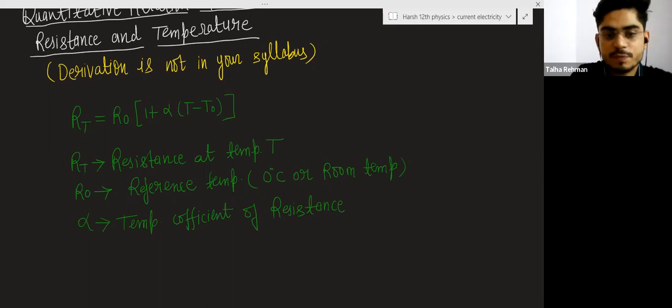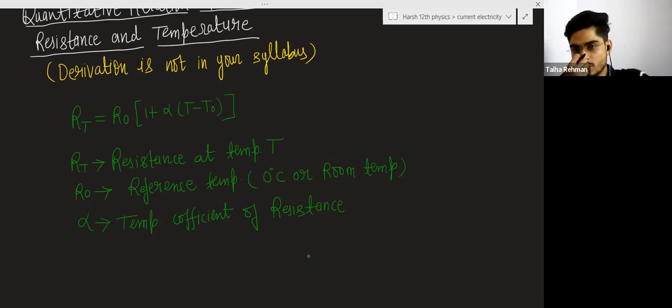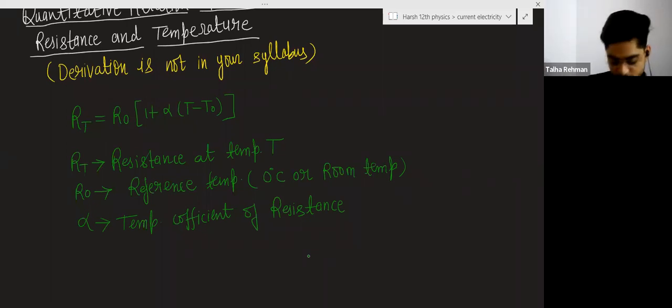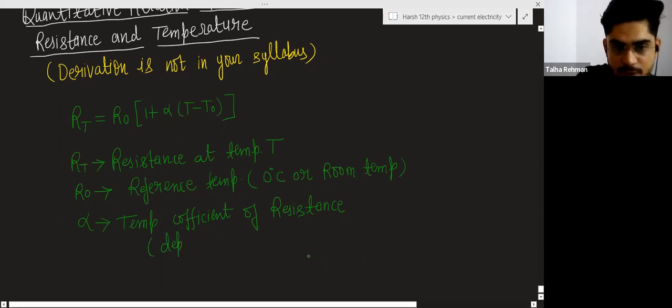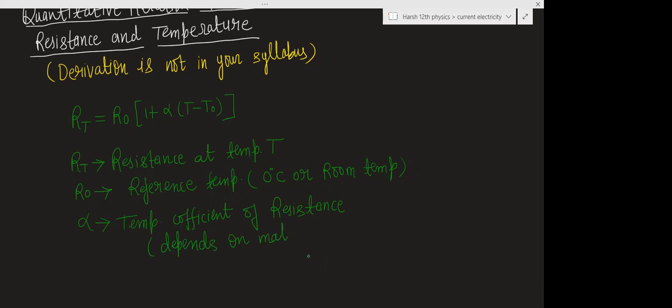And this temperature coefficient of resistance depends upon the material. If you change the material, suppose you have copper, then the value of alpha is different. Suppose you have a semiconductor like germanium and silicon, then the value of alpha will be different. So this depends on the material.